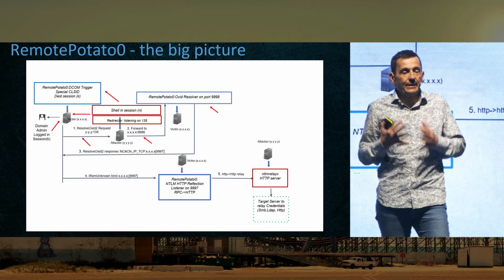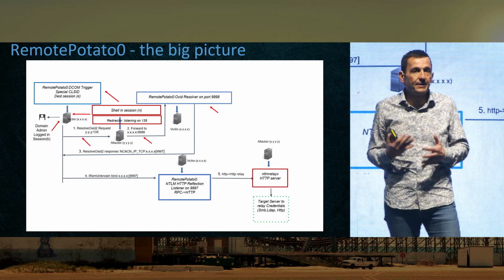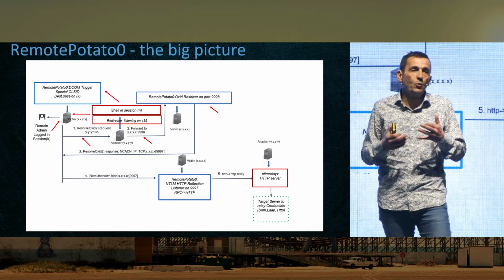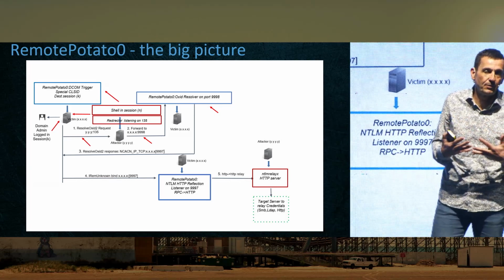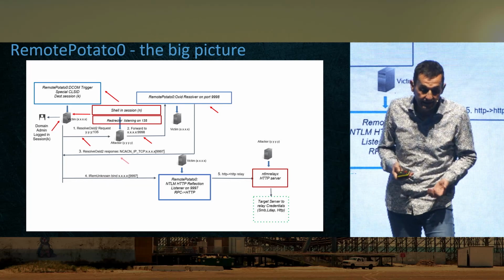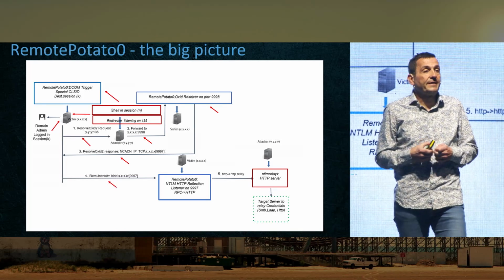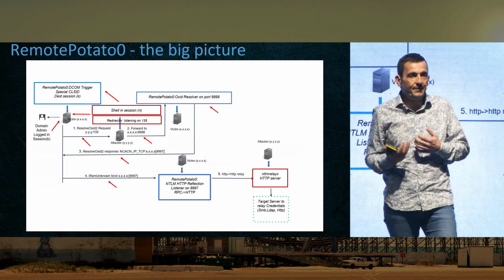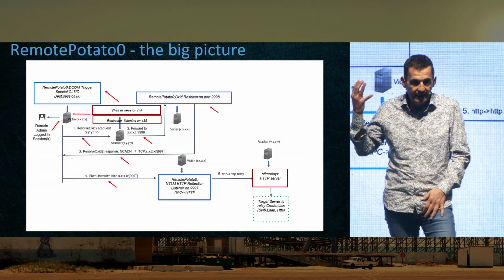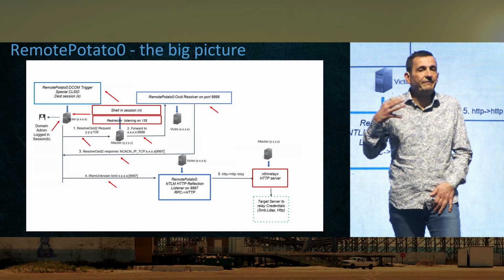Once we get this request, our fake Oxid resolver will produce the correct response, which will instruct the trigger to contact again the victim machine and to activate the object.